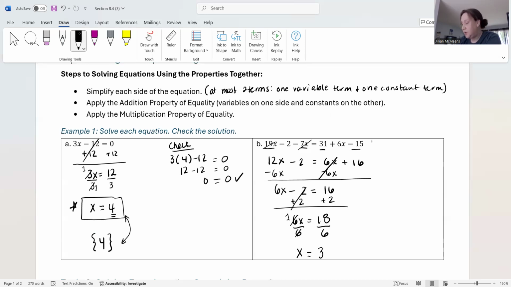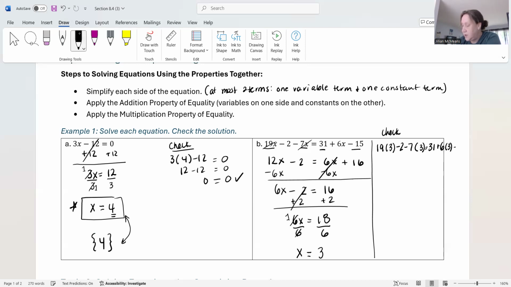Okay? Now, I'm a little tiny bit scrunched for space here, but the directions do say to check. So for this one, I do want to make sure that you really understand how to check your solution. So we'll check again. So I've got 19x, which is really 3, minus 2 minus 7x, which is really 3, equals 31 plus 6x.